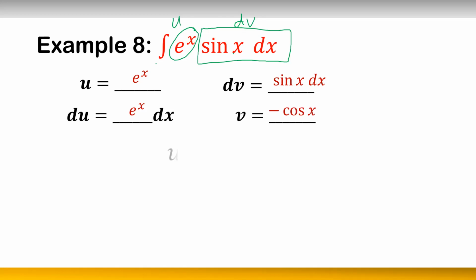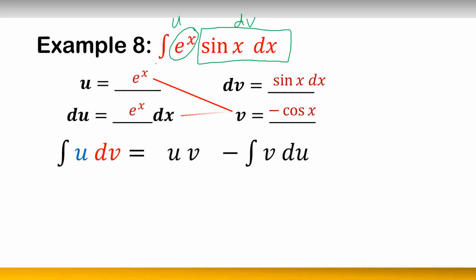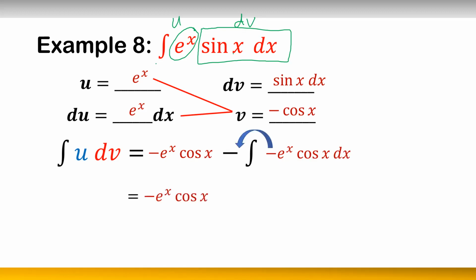Okay? Ayun. So we have uv. That will be negative. Okay? So negative e to the x cos x minus integral of v du. So that will become this one. Magiging positive na siya, no? So magiging plus integral of e to the x cosine x dx.